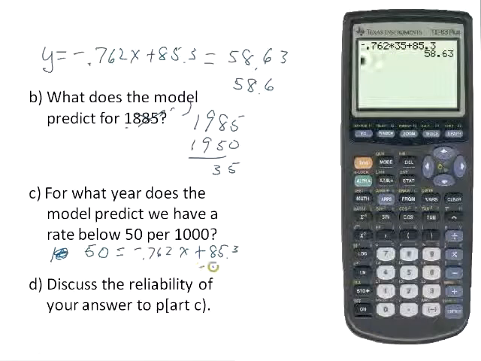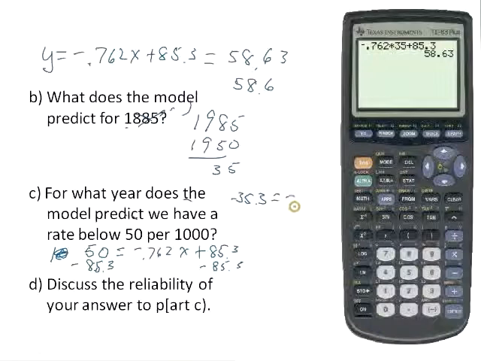If I subtract 85.3 from both sides, let's write the result over here. 50 minus 85.3 is going to be negative 35.3.